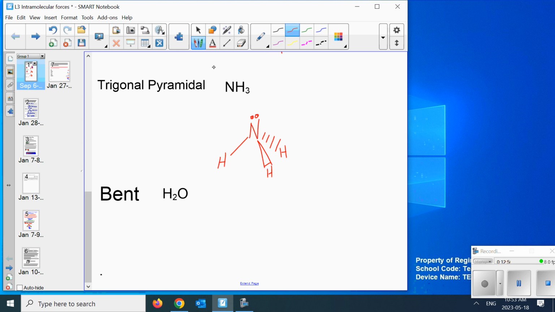So, O, central atom. The important thing is if you draw a water molecule, I want you to draw it so that the bond does not look like it's 90 degrees.